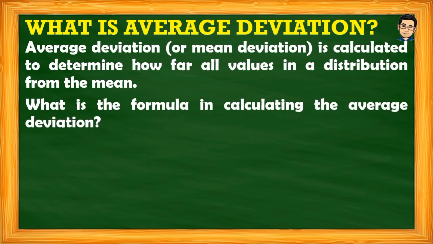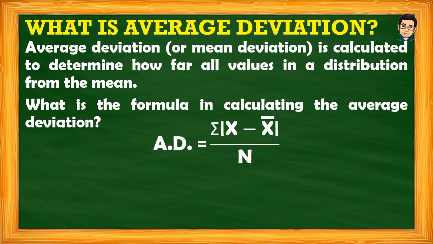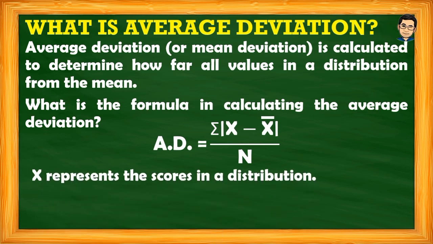So, what is the formula in calculating the average deviation? So, ito yung formula niya. So, AD stands for average deviation. Sa ibang book, MD kasi mean deviation. Okay, so yung formula natin dito is summation of the absolute value difference of the individual score and the mean all over n. So yung x lang po dyan, yung walang bar sa taas, is yung tinatawag nating scores, yung individual score.